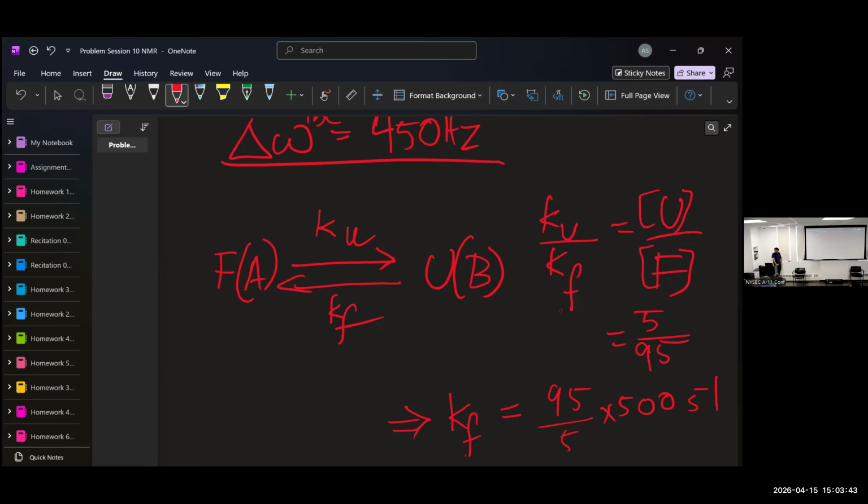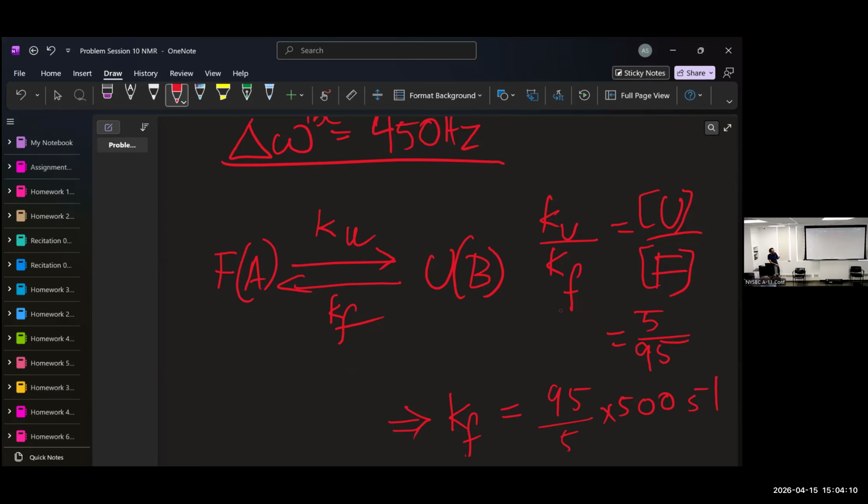But of course, we also discussed more involved expressions. In this case, you could use something like a CPMG experiment, which is a train of 180-degree pulses. As you change the interval at which you apply these 180-degree pulses, you will see a suppression of the exchange contribution, which you can then fit to get the exchange rate.